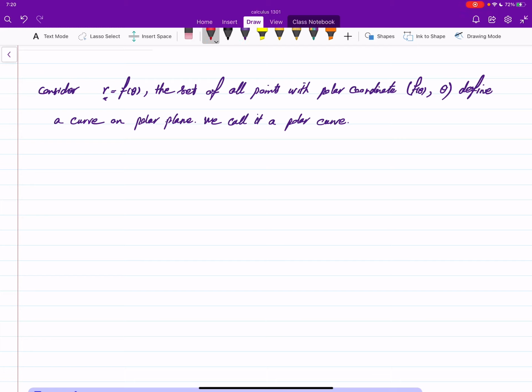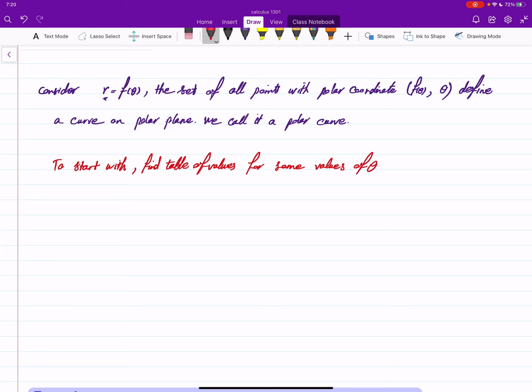what we do is start by finding a table of values for some values of theta.